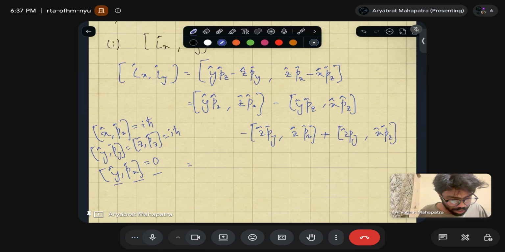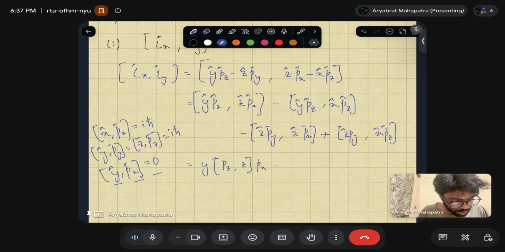About this term, I can write this as y pz and z, keeping it inside, and I can pull out px outside.